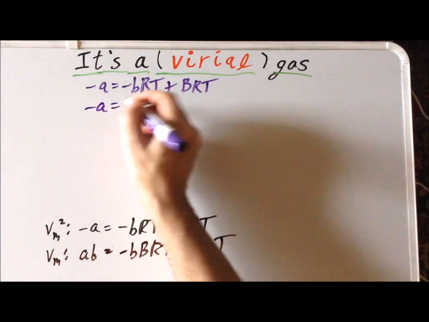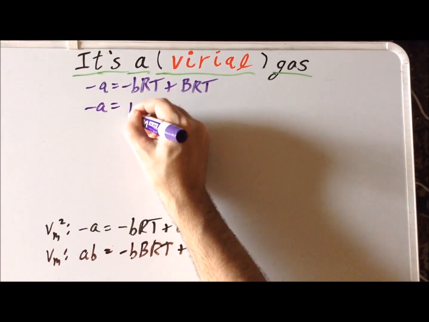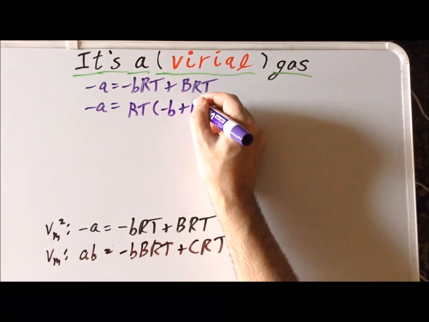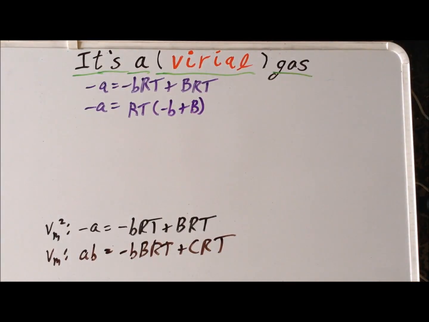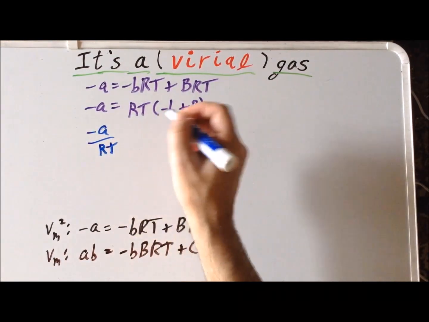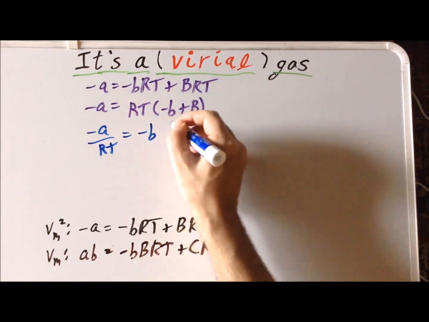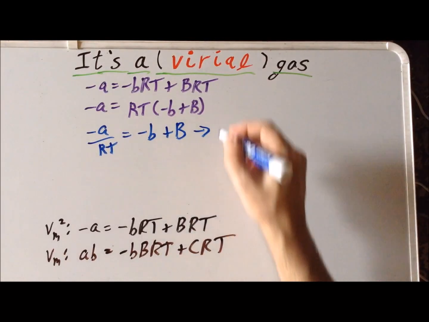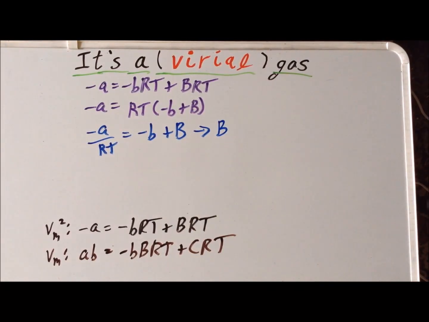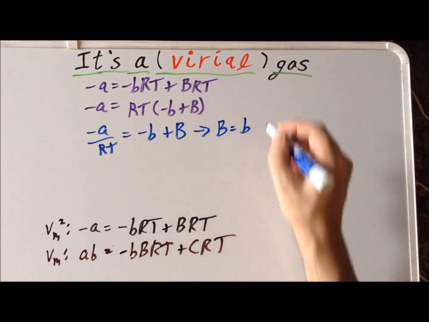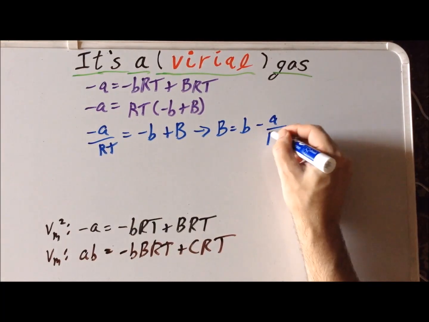So we have minus a equals RT times minus b plus big B. Next, we can divide each side by RT, and we get that minus a over RT is equal to minus little b plus big B. Adding little b to each side, we get that the virial coefficient big B is equal to the van der Waals constant little b minus a divided by RT.